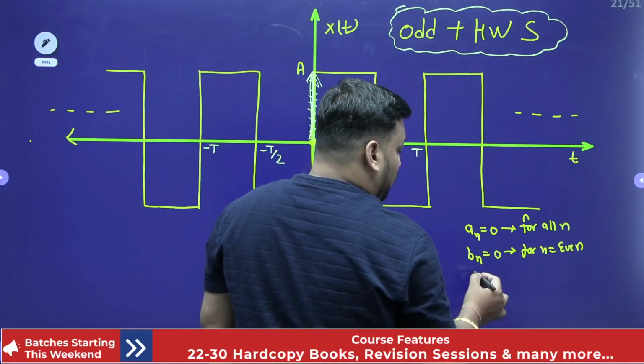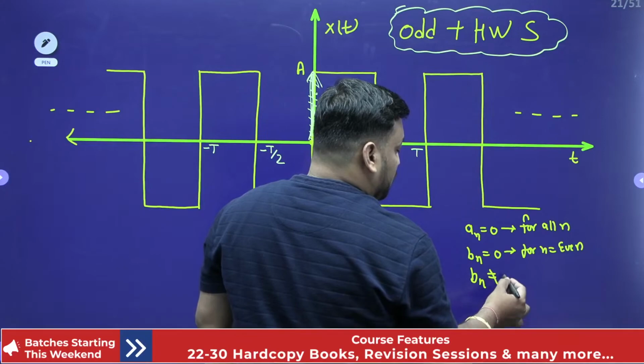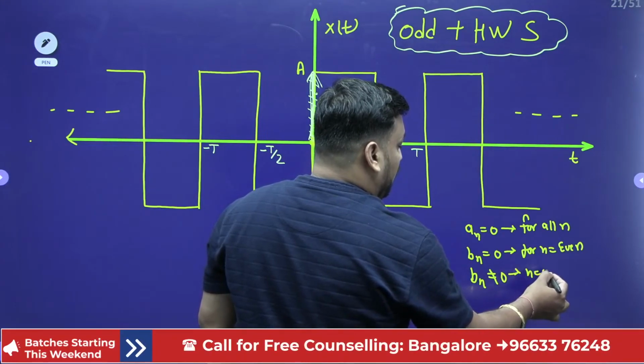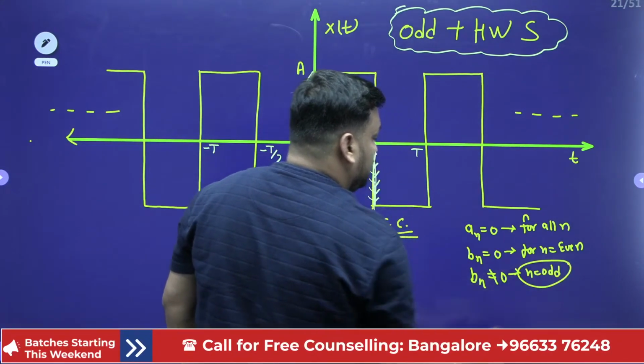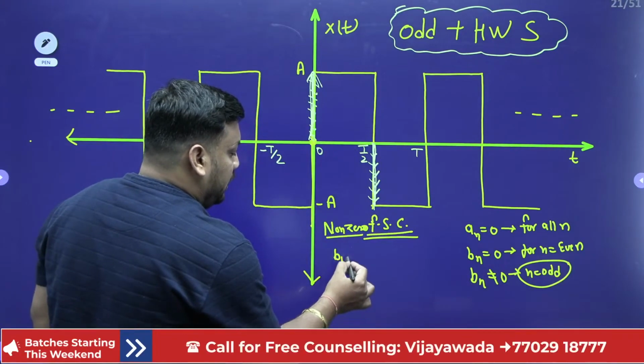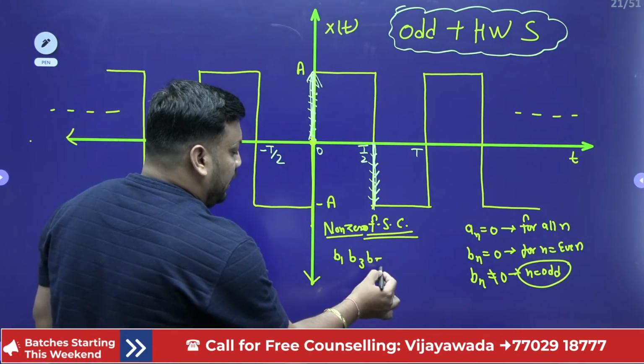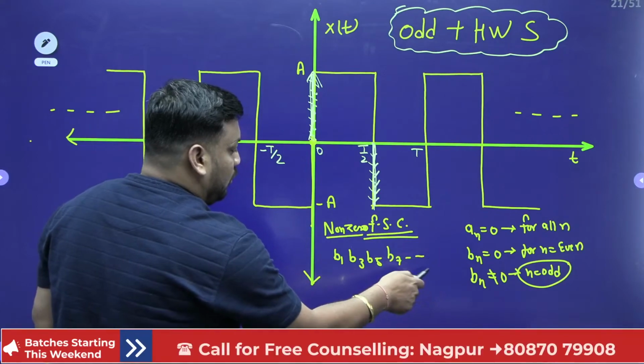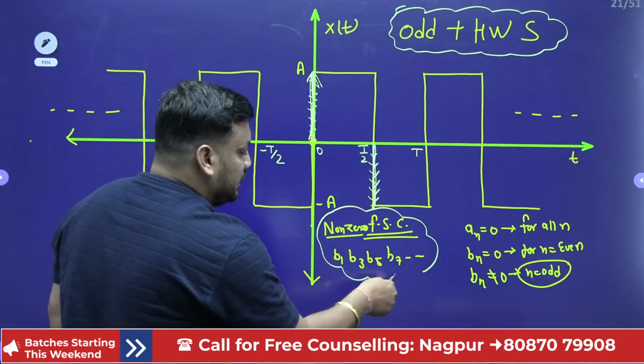Bn is not equal to 0 if n is odd, yes or no? It means the Fourier series will contain only B1, B3, B5, B7 and so on as the non-zero Fourier series coefficients.